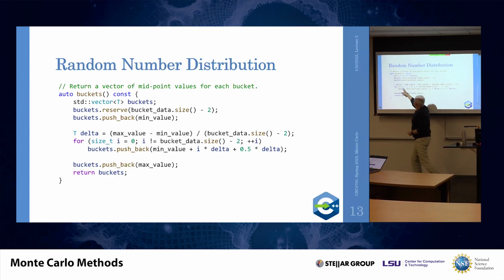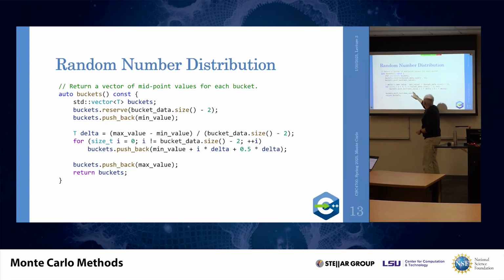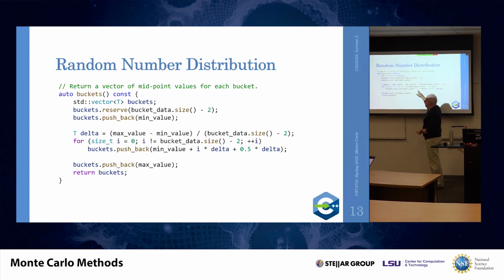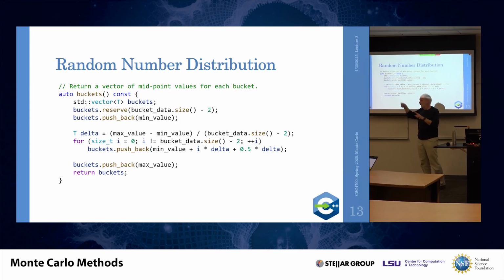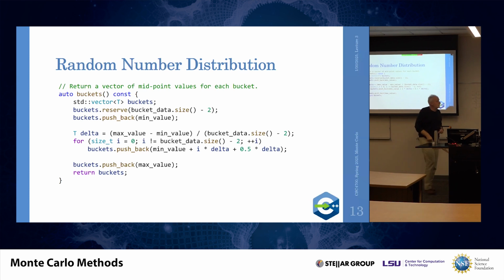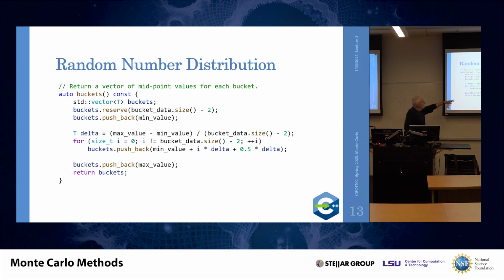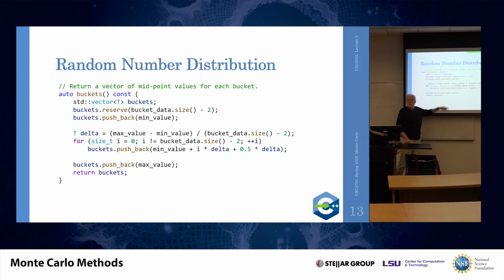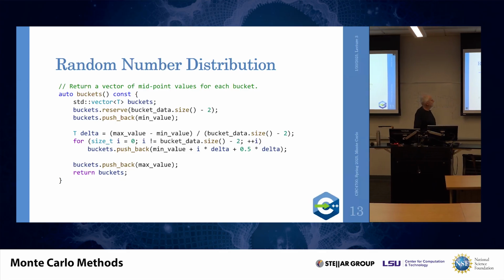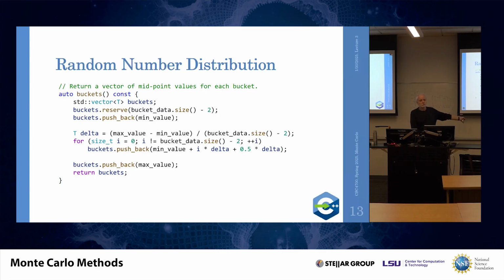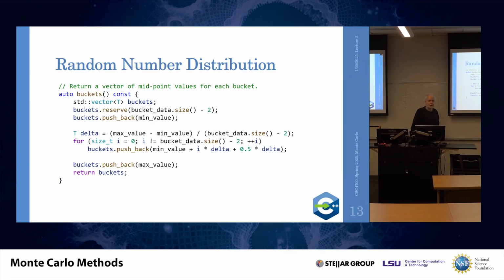The delta is the size of one bucket, so the midpoints are the min value plus i times delta plus half of the delta, which gives us the midpoints of our buckets. And the last entry in the buckets is the maximum value, so that we can draw them correctly afterwards. Questions about that?